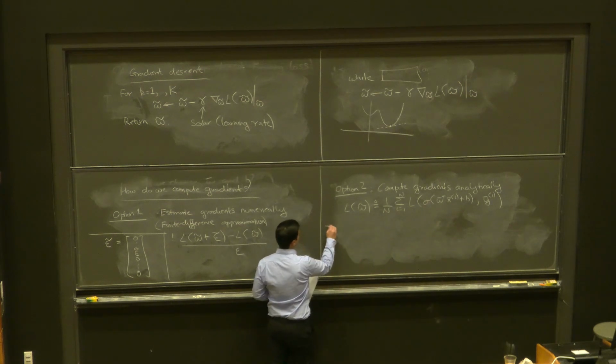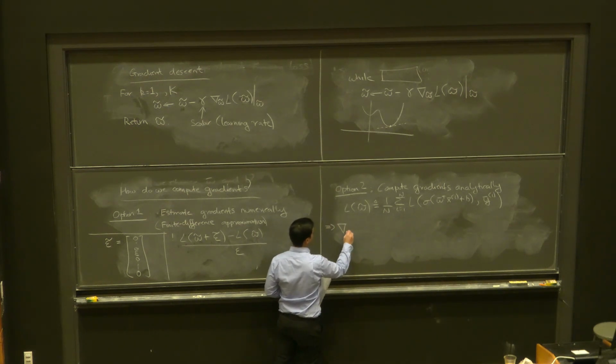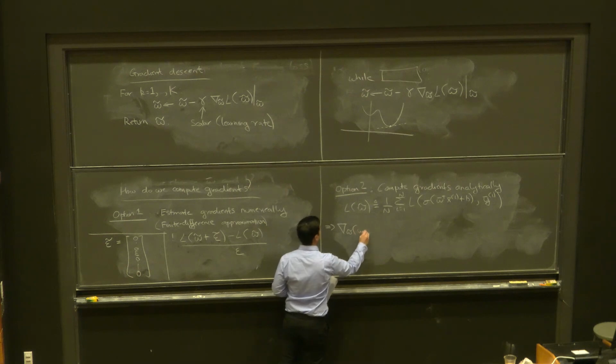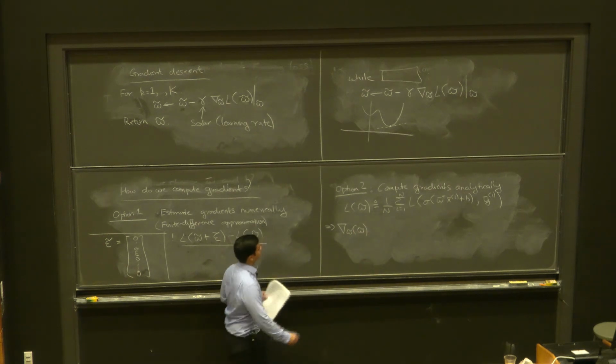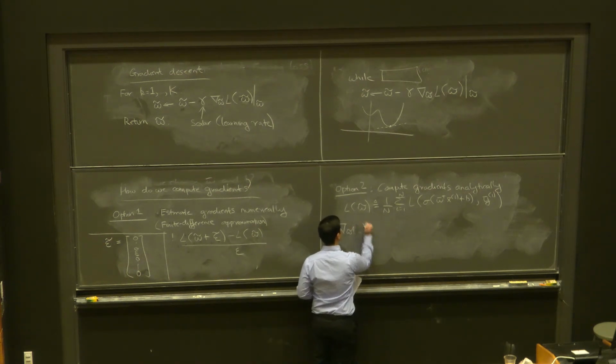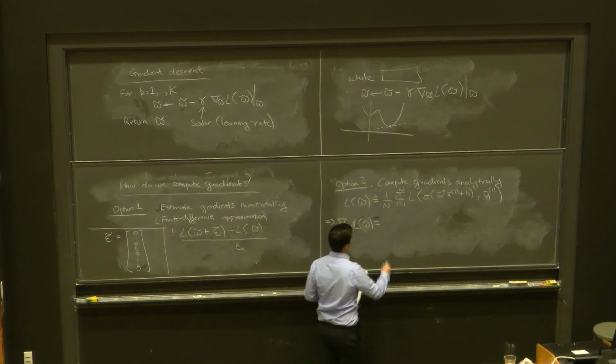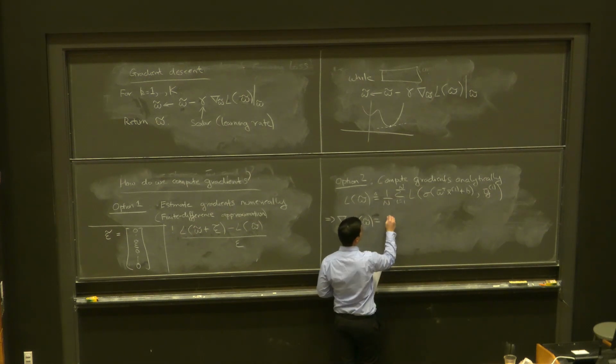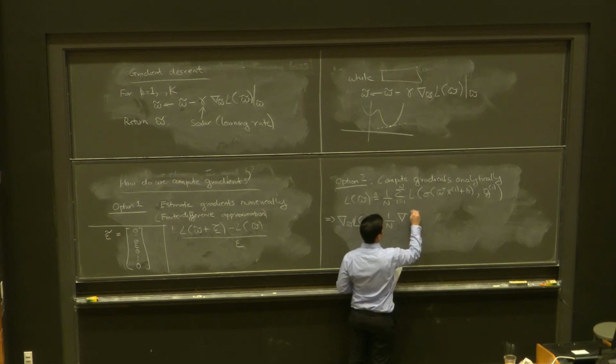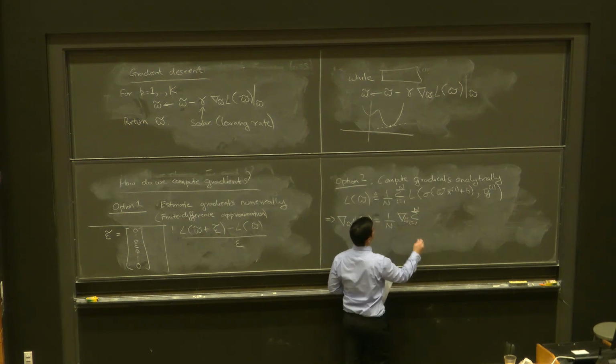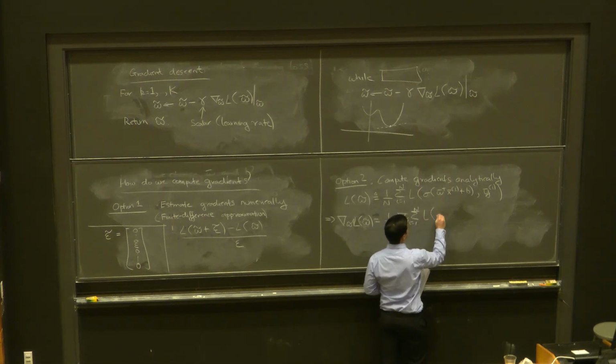And so the gradient, which is what we need, the gradient of the training loss at W tilde, is the gradient of this quantity, so it's 1 over n times the gradient with respect to W tilde of the loss.